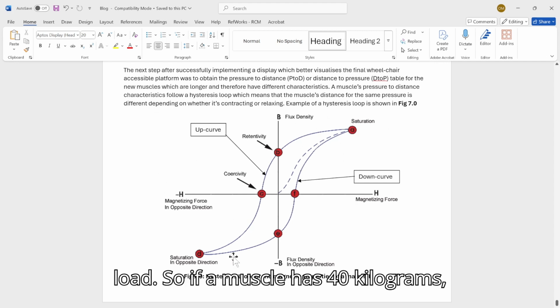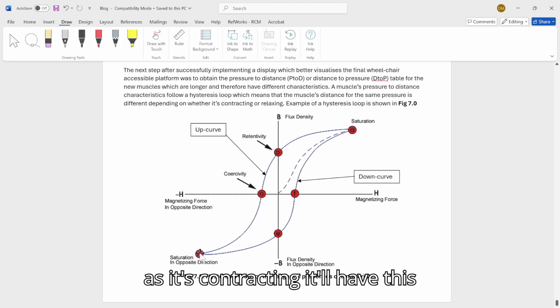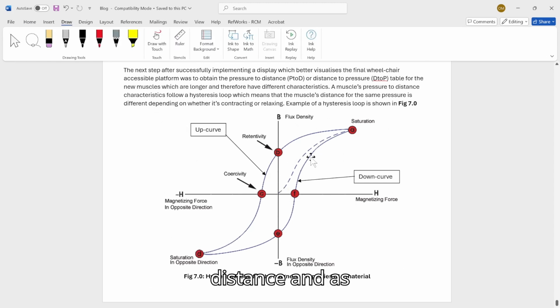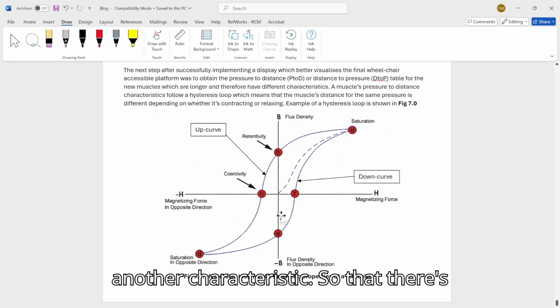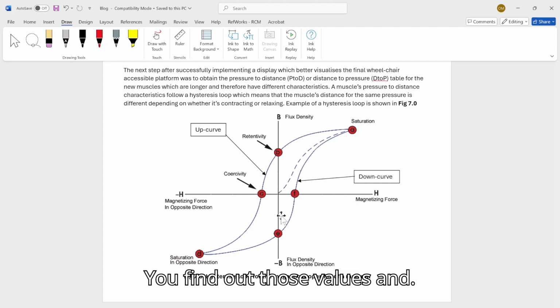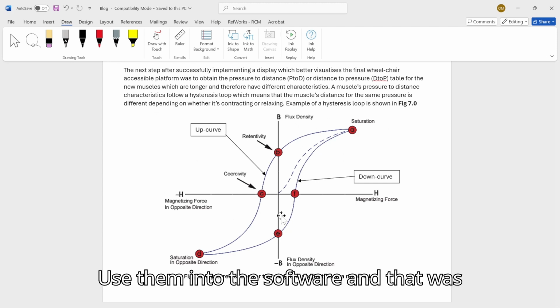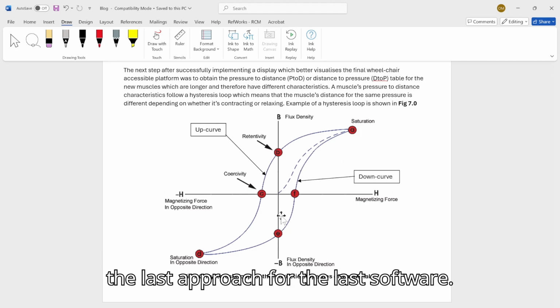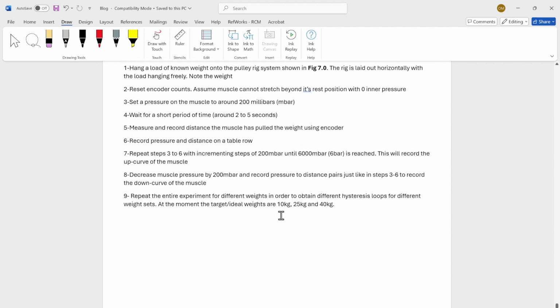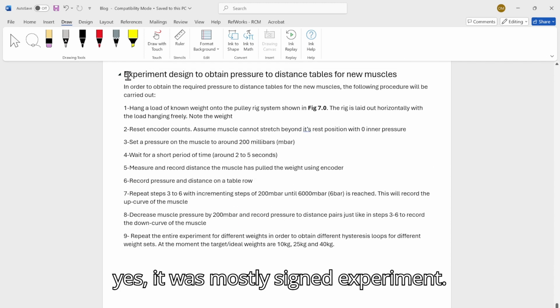So if a muscle has 40 kilograms, as it's contracting, it'll have this characteristic from pressure to distance, and as it's relaxing, it'll have another characteristic. That is referred to as a calibrated muscle. You find out those values and use them in the software, and that was the approach with the last software. But anyway, yes, it was mostly a designed experiment.